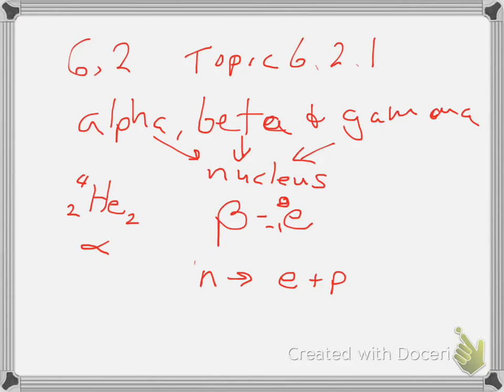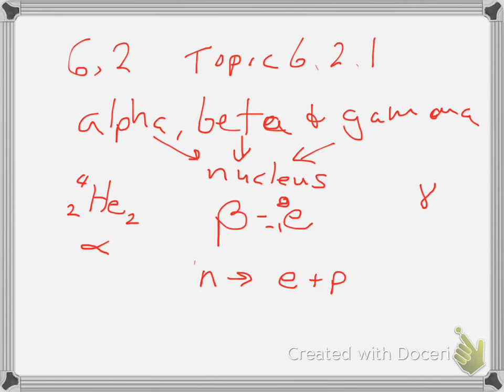And then finally, the gamma particle, and that is the symbol for it. This is the funkiest one. It is a massless, chargeless particle. It basically is a photon, and it originates also in the nucleus, as do the alpha particle and beta particle. So imagine having no mass and no charge.